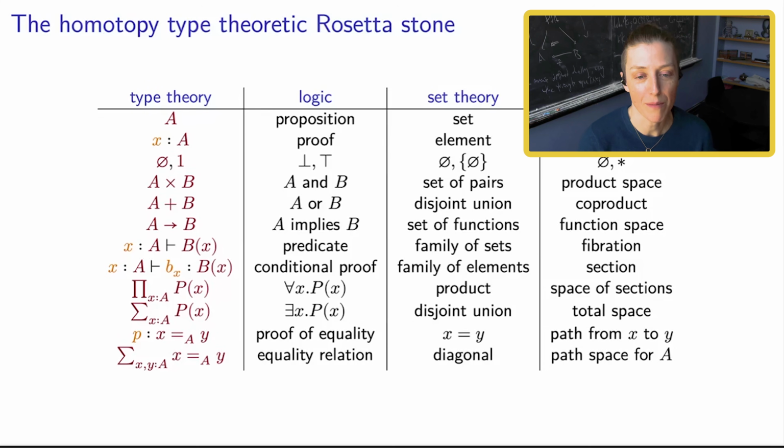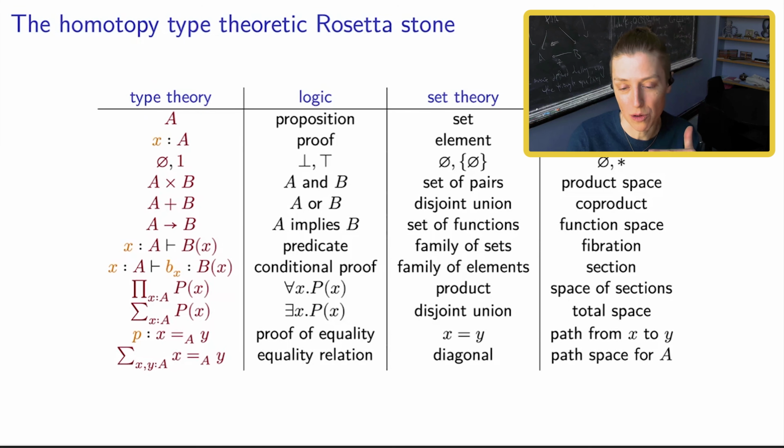But one way to motivate them is this is what's missing from the logic column. So if I'm explaining first-order logic, the other thing I need to add is a discussion of equality, the equality relation. And another thing that types have are identity types, in which these proofs of equality are going to be interpreted as paths from X to Y in the space.